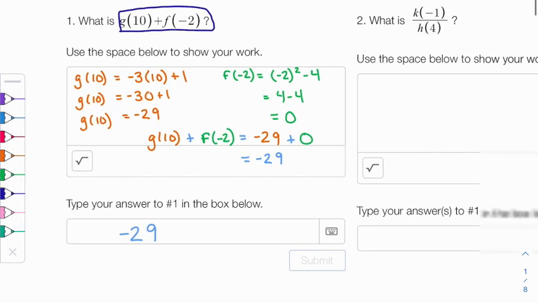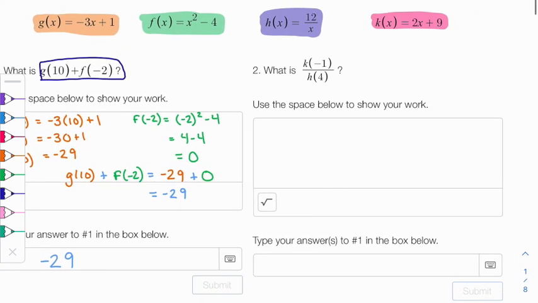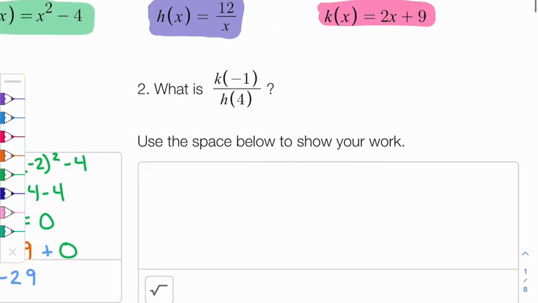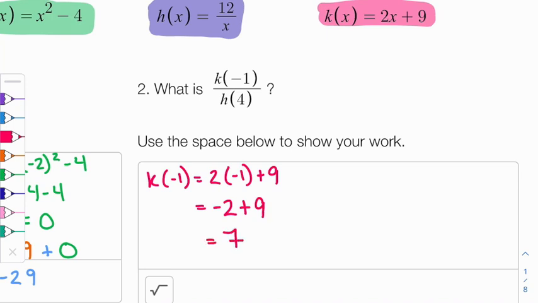Okay, now I'm going to look at number 2. So k of negative 1, which is my pink function, is going to be 2 times negative 1 plus 9. Simplify. That's negative 2 plus 9. That is 7. And then h of 4, I'm going to sub that into that blue function.